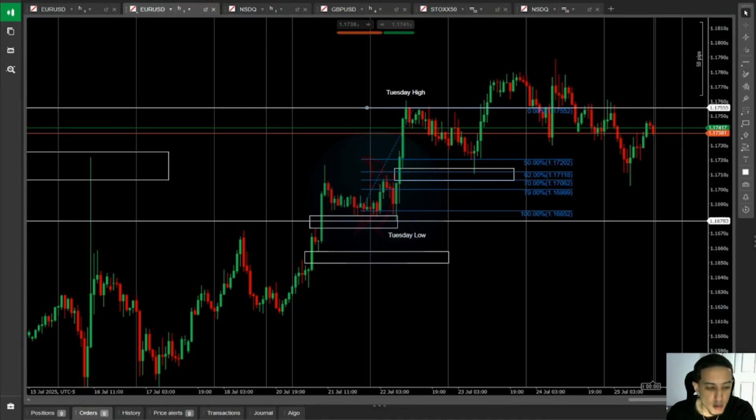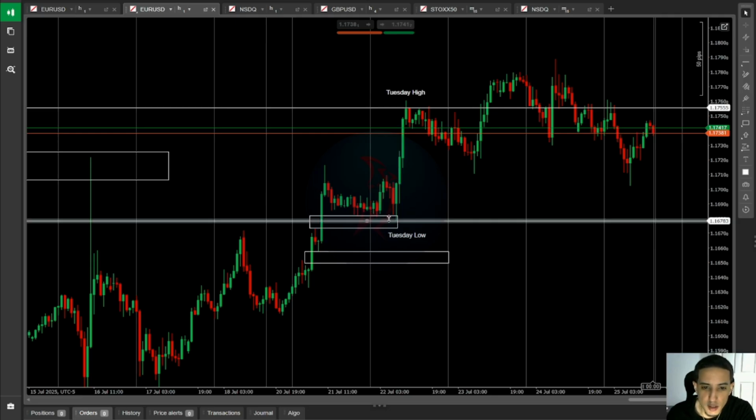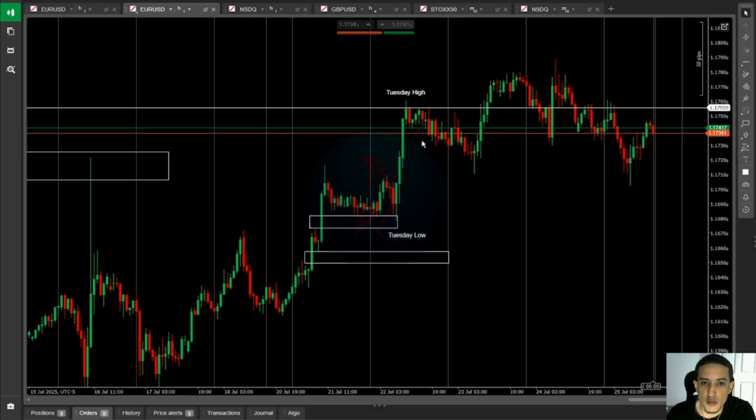Alright, so I'm just going to go over it one more time. I'm just going to remove the fib from here. I'll get rid of this gap here too. Basically, we come in here, we see Tuesday's low, which is right here. We see Tuesday's high. We got this move right here, which is actually one of the most important things as well, that allows us to actually use the fib tool because of the bullish momentum we got.